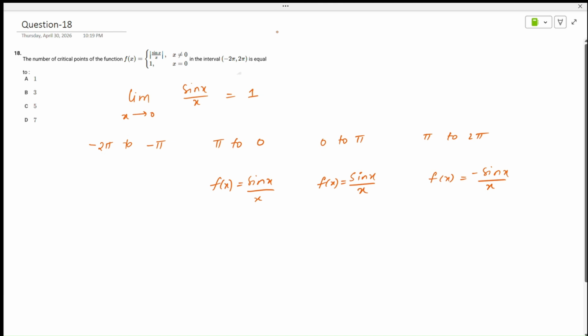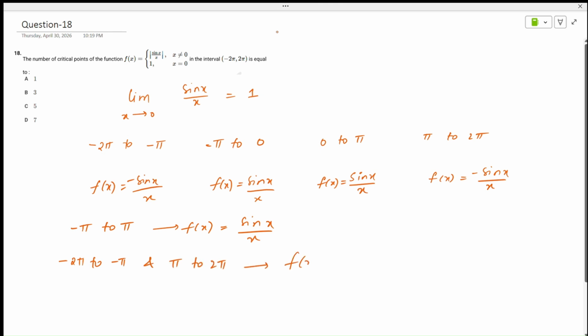At minus 2 pi to minus pi, sin x is positive and x is negative, so the function is minus sin x by x. From this, we can conclude that in the interval minus pi to pi, the function f of x equals sin x by x. And in the intervals minus 2 pi to minus pi and pi to 2 pi, the function is minus sin x by x.